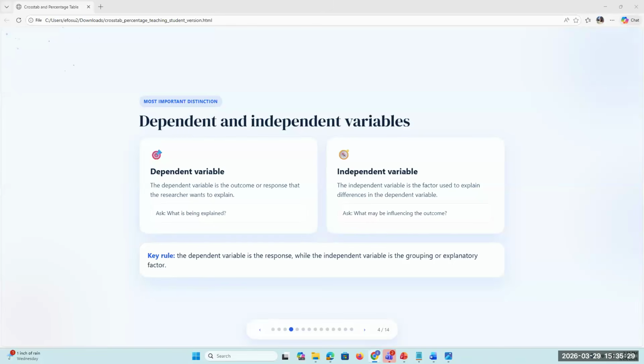So in this line, which one will be the dependent and which one will be the independent? You said religion will be the independent, which is very true. So which one will be the dependent? There's no wrong or right answer. Just feel free.